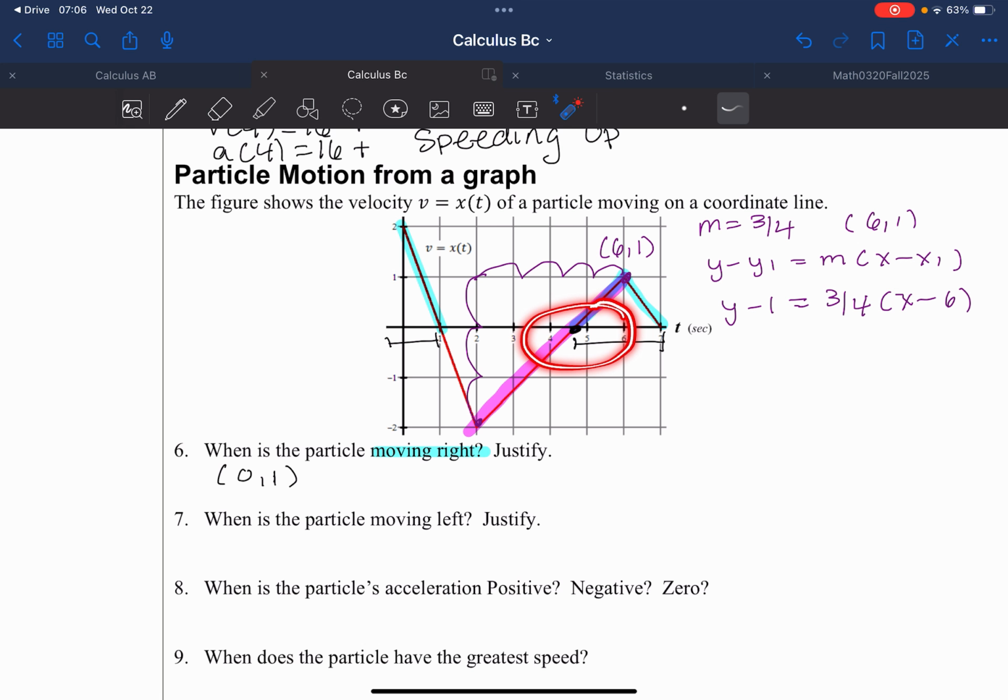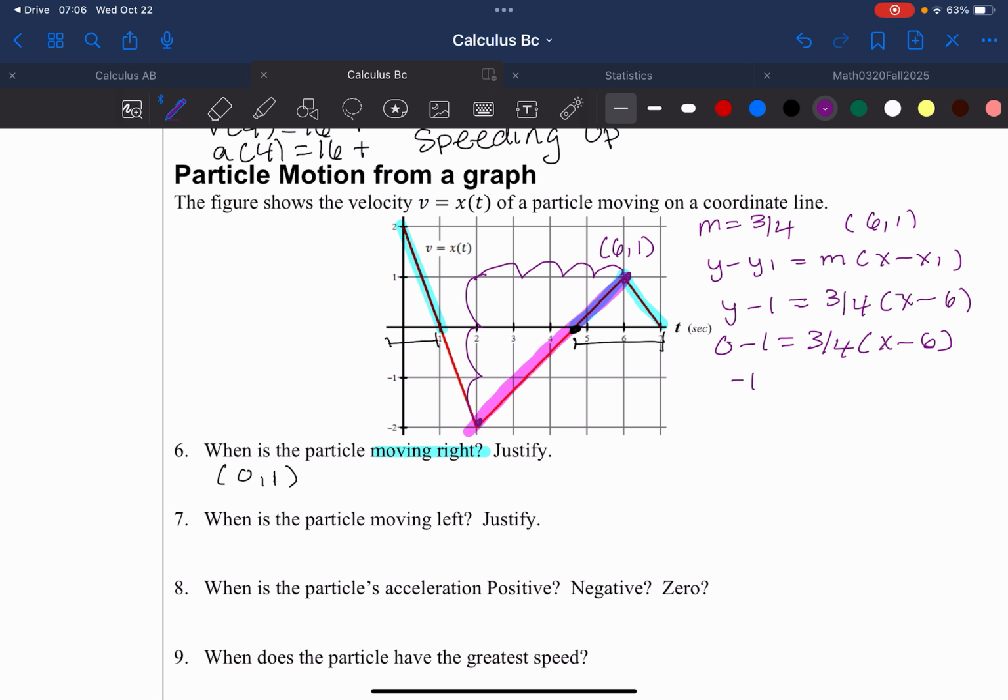So I need to find what x is when y is equal to 0. So 0 minus 1 is equal to 3/4 times x minus 6. Solving for this, again, remember, you can use that solve feature on Desmos, but it's ideal that you keep everything in the form of a fraction.